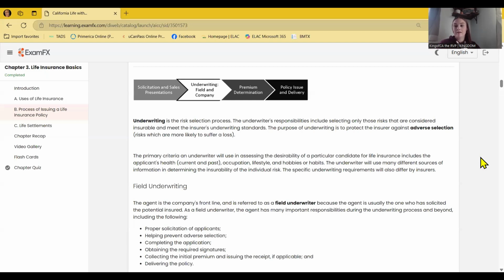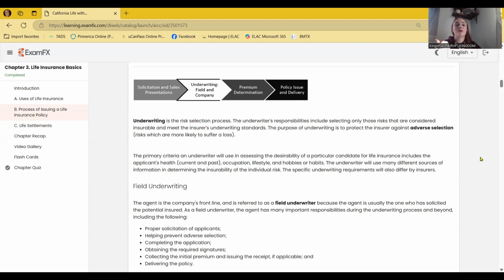So underwriting, right? Underwriting is the risk selection process, okay? An underwriter's responsibilities include selecting only those risks that are considered insurable and can meet the insurer's underwriting standards, okay? The purpose of underwriting is to protect the insurance company against adverse selection.